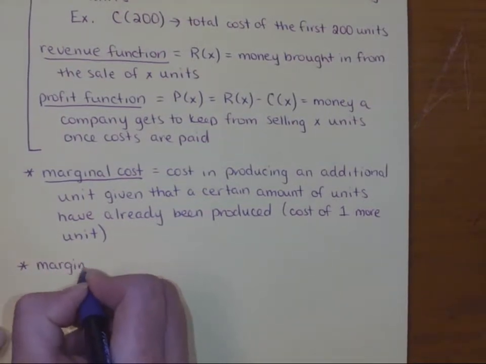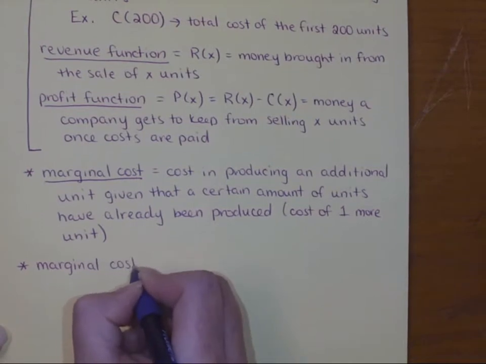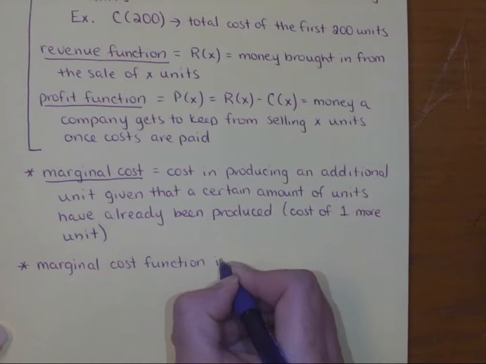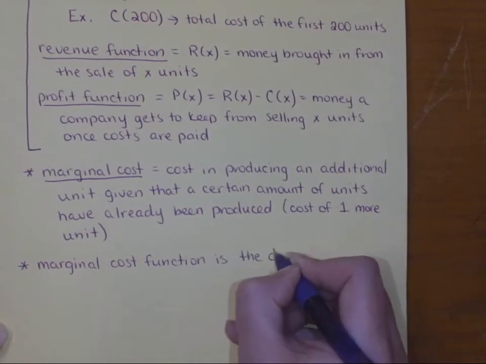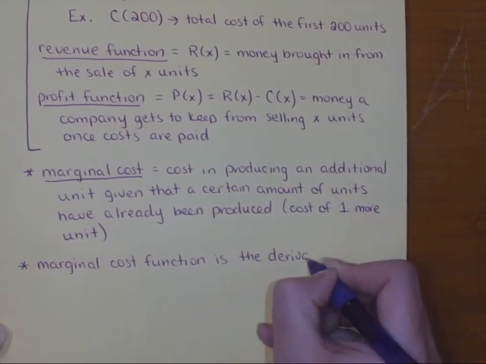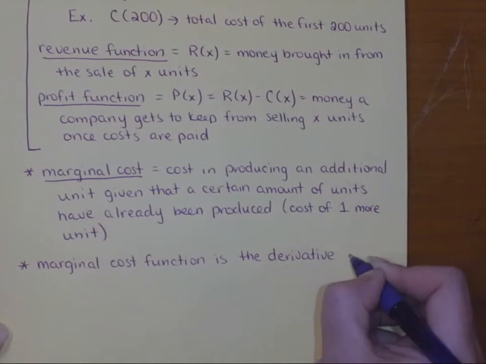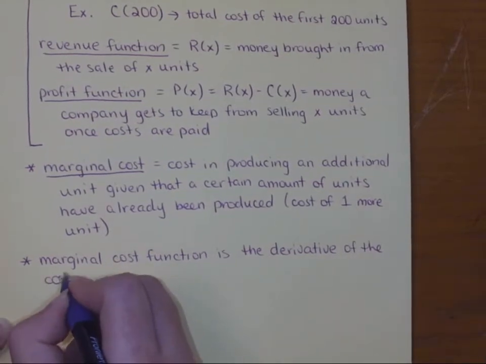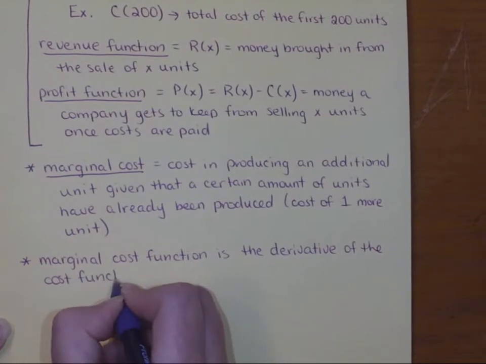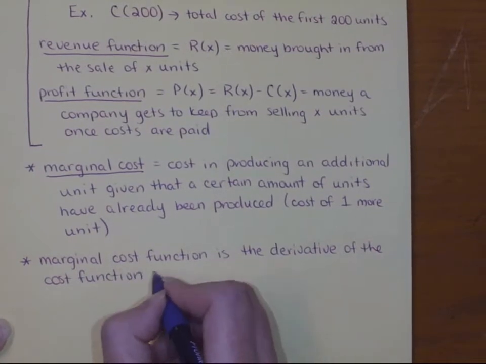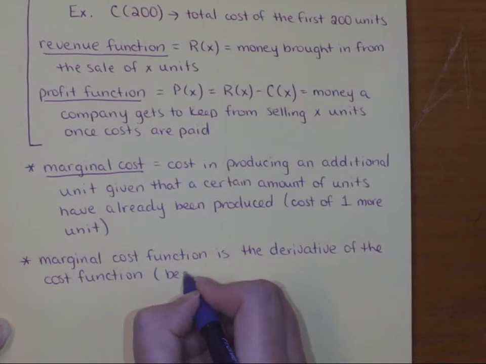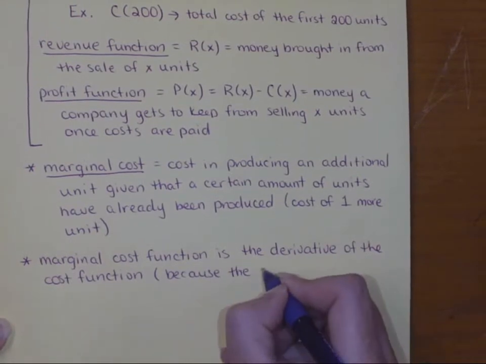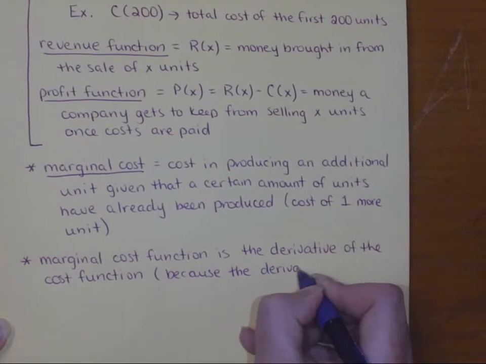And so the marginal cost function is equal to the derivative. That's where derivatives come into play in this section. And it's equal to the derivative of the cost function because it represents a rate of change. Remember what a derivative is, right? It's the slope of the tangent. So it would be the rate of change for any production value or any unit number.